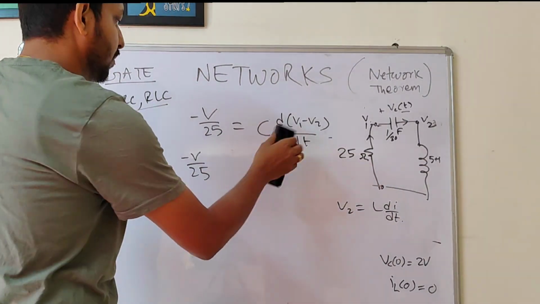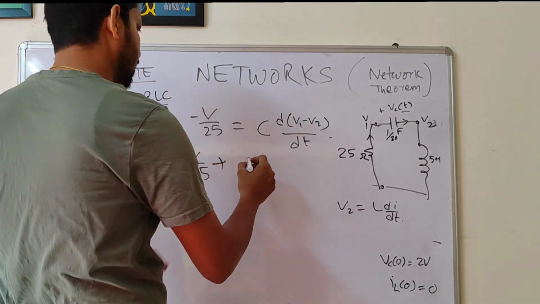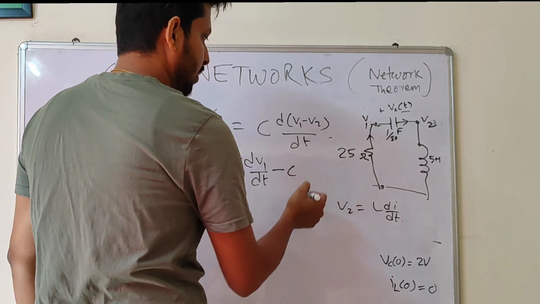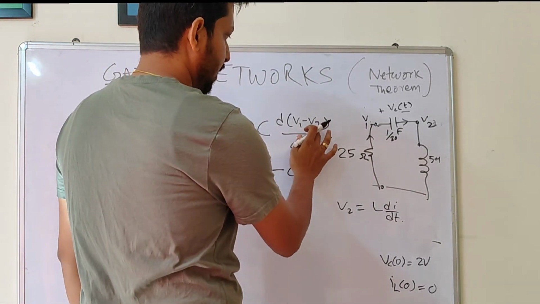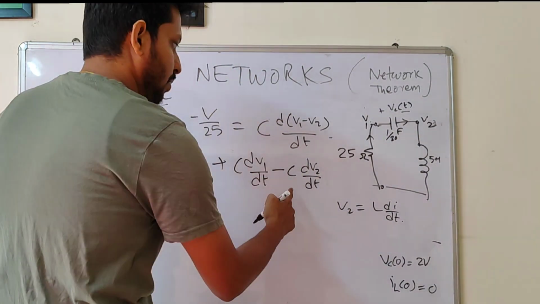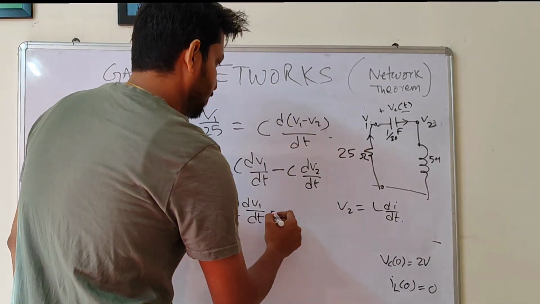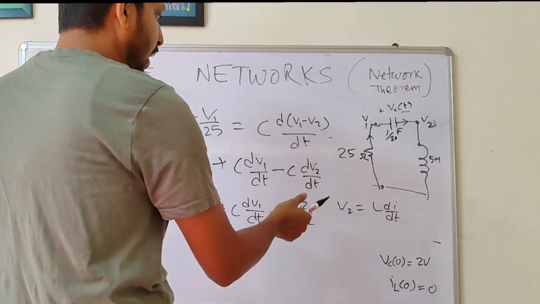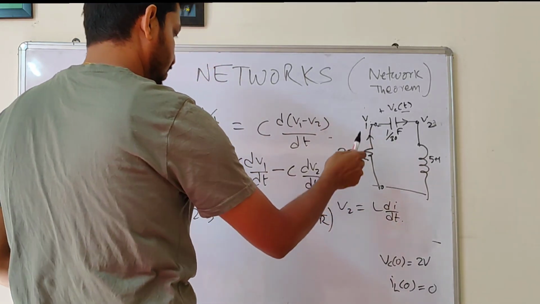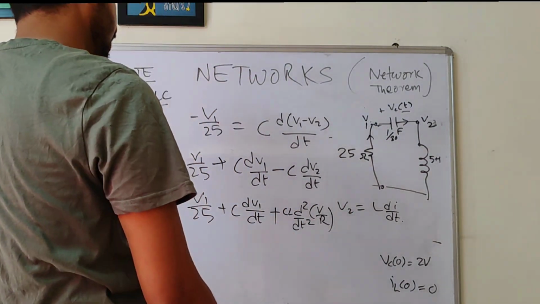Let's take both of these in the same direction. This will be C dV1/dt minus C dV2/dt. I can be written again in terms of V by R. It's actually negative V by R, so this becomes positive.